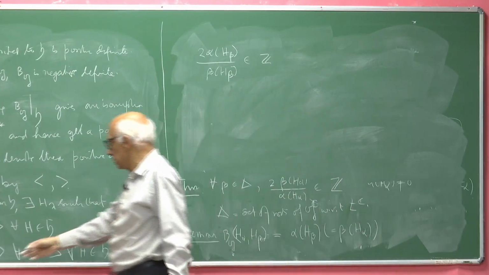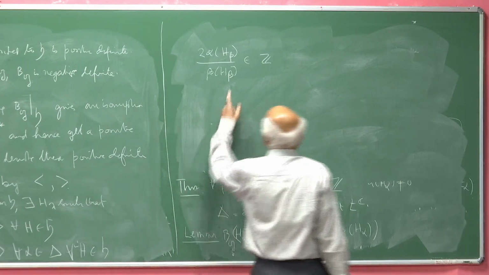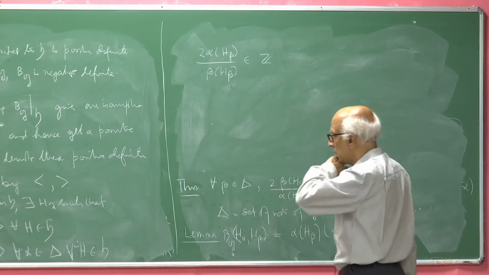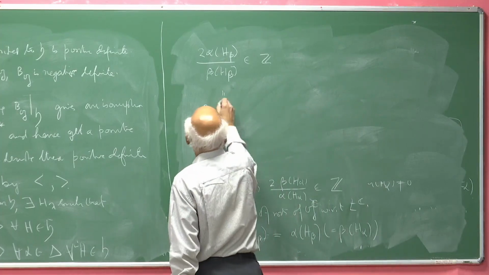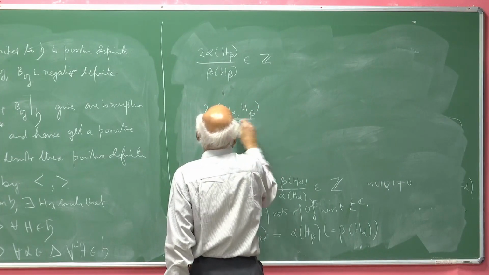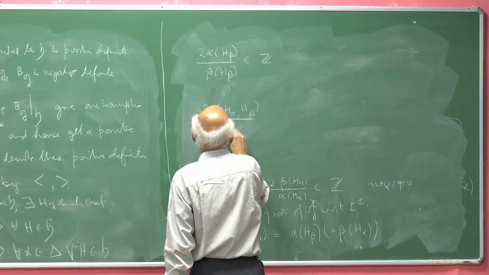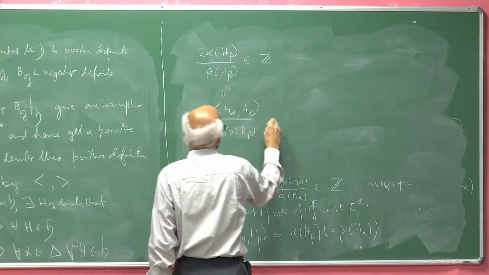Now this can be written as twice the inner product of H alpha and H beta by beta of H beta. This is in Z, and then I can multiply this by the corresponding term with alpha and beta swapped.